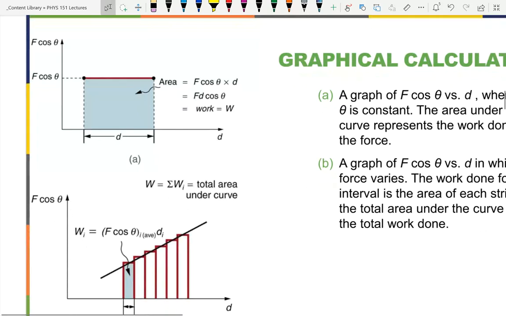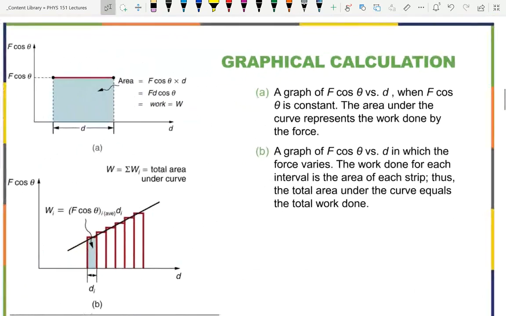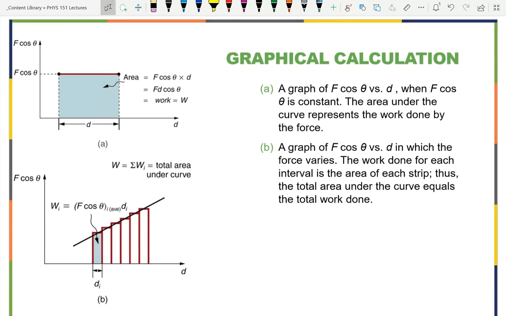Graphs are useful if you don't have calculus. If you have calculus, these are just redundant. So if we make a graph with the force, now this has force cosine theta. In other words, this axis is the force parallel to the motion.